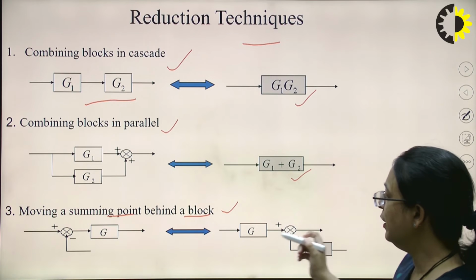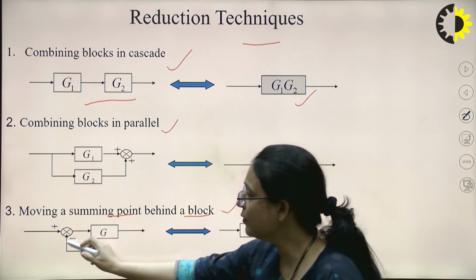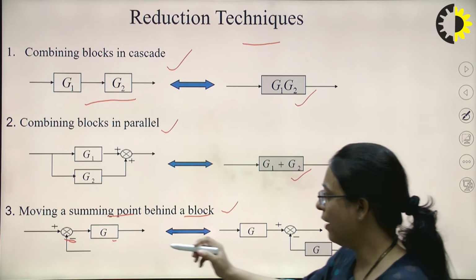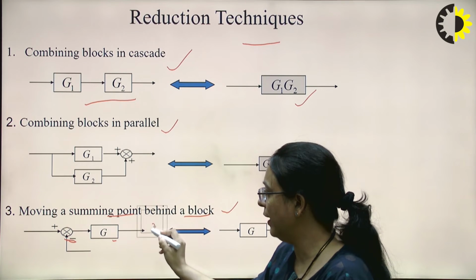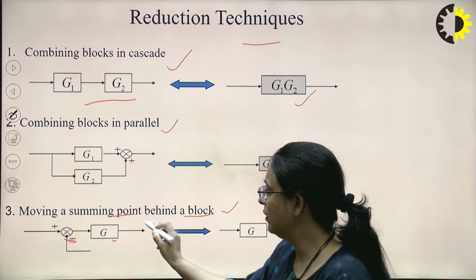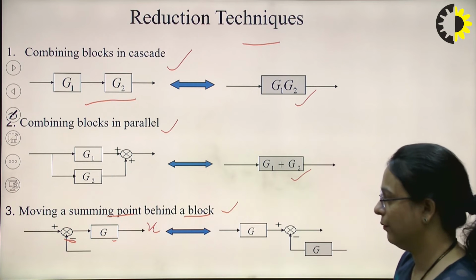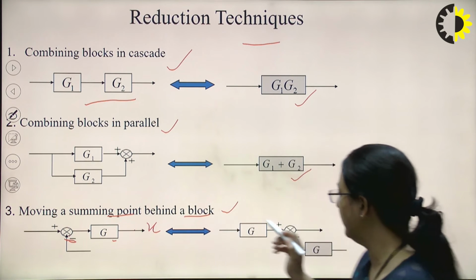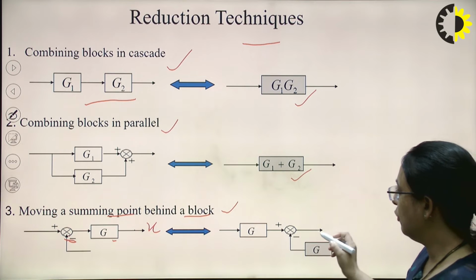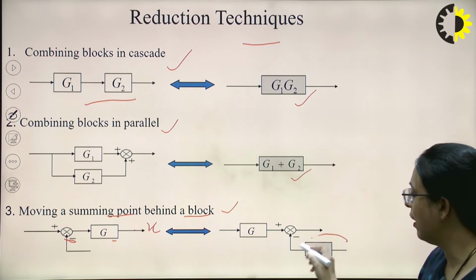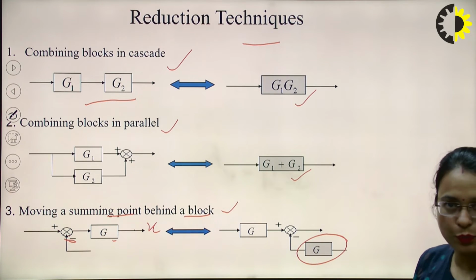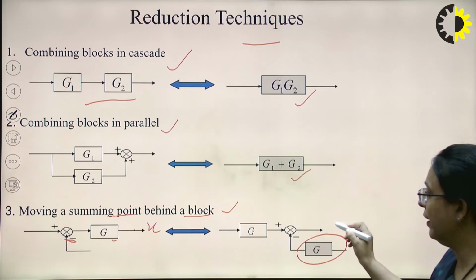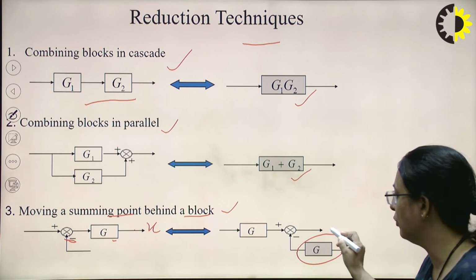Whenever we move this summing point behind this block, let x be the output here. When I move this summing point behind this block, we should add a block of the same transfer function to this summing point so that there is no change in the output here.